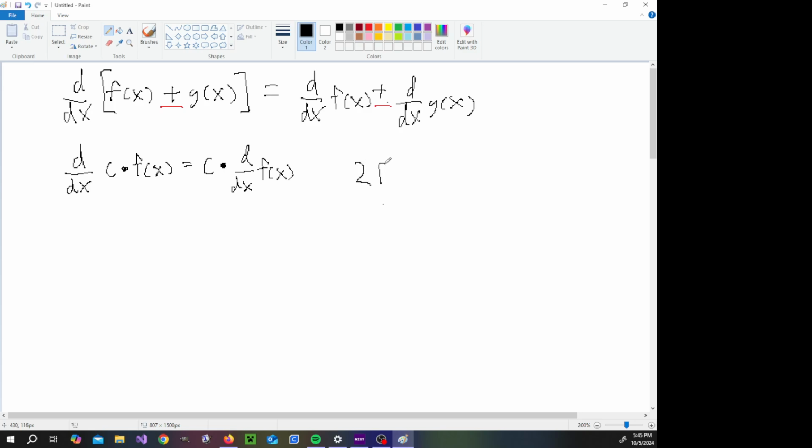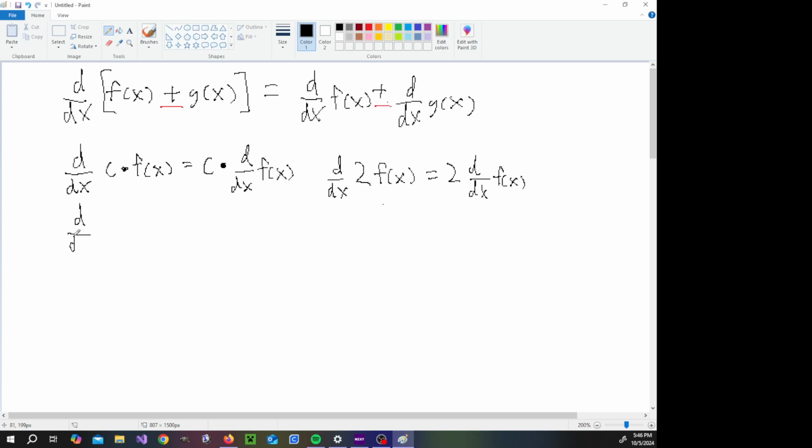So if I have something like 2 times f of x, then when I take the derivative of it, this turns into 2 times the derivative of f. Okay? So sometimes it may simplify things to just pull any constant that we're multiplying by all the way out front.